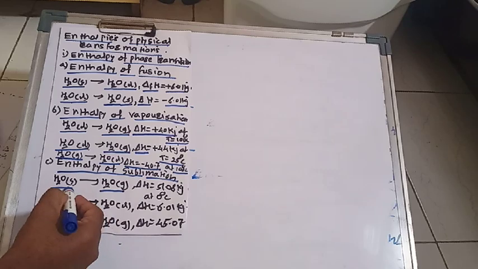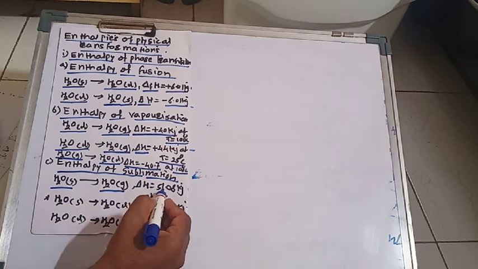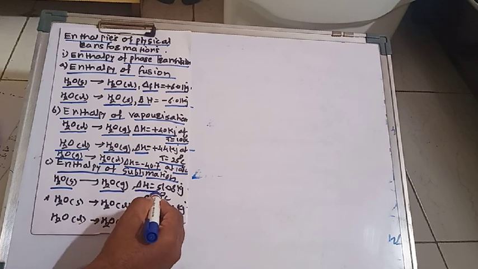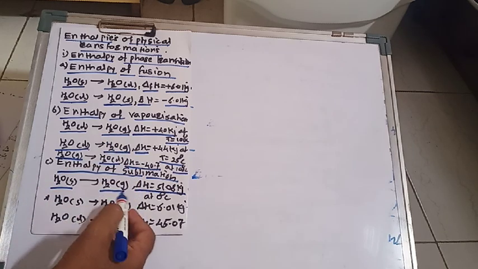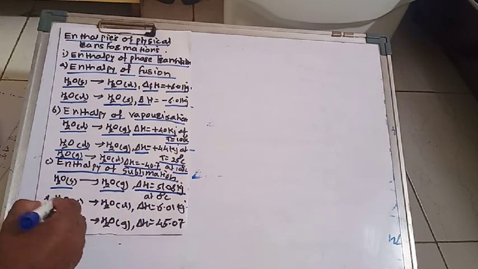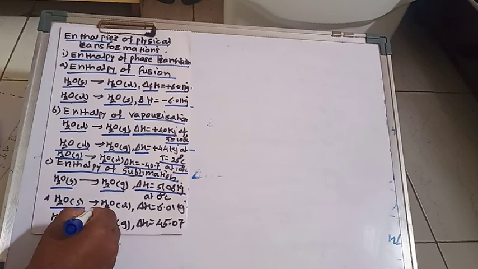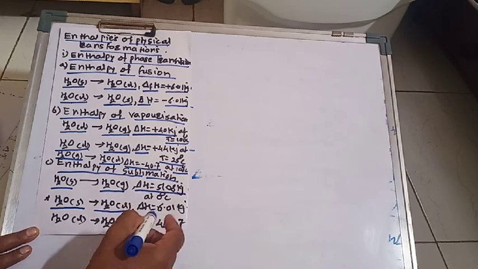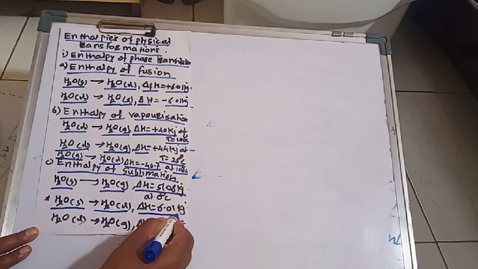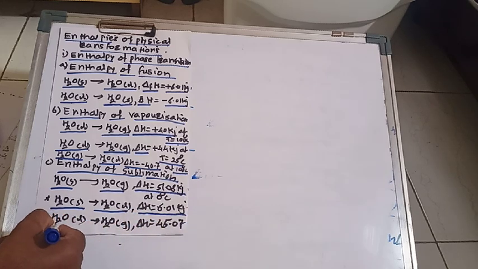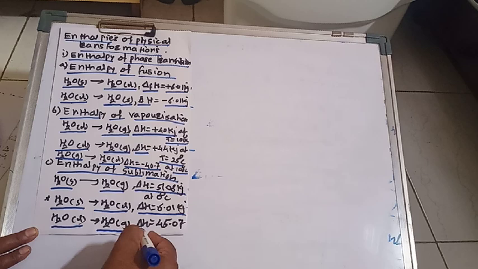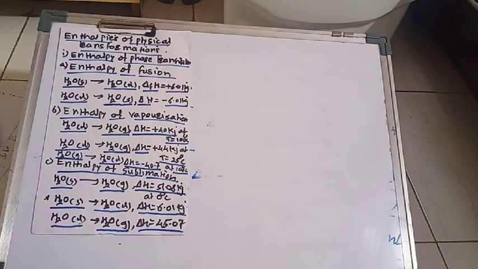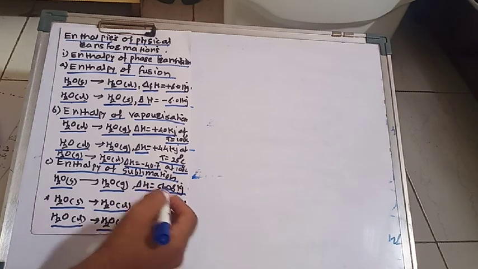For H2O solid converted into H2O gas, delta H sublimation is 51.08 kilojoule at 0 degrees Celsius. This is the addition of two reactions: H2O solid converted into H2O liquid is enthalpy of fusion, 6.01 kilojoule per mole. H2O liquid converted into H2O gas is enthalpy of vaporization, plus 45.07 kilojoule per mole, and the addition of these two is enthalpy of sublimation.